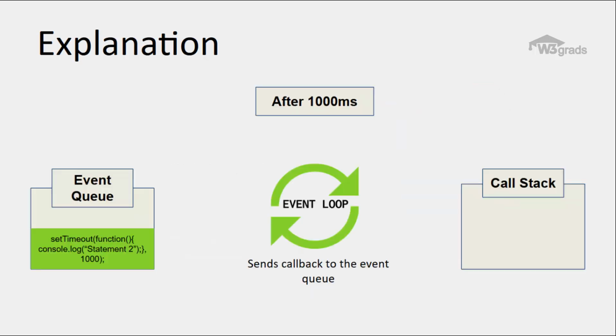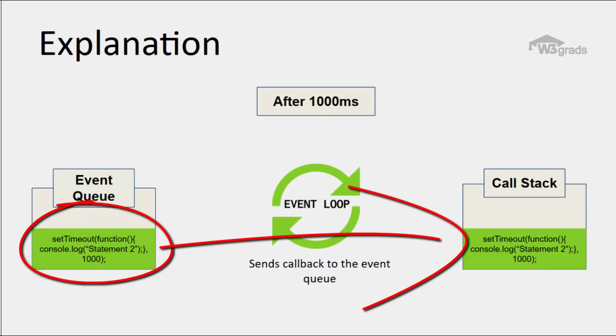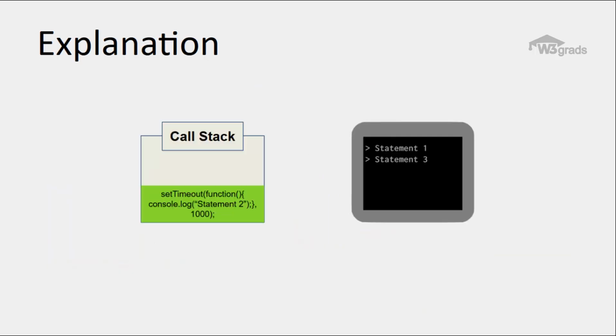When the timer set by setTimeout function runs out after 1000 milliseconds, the callback is sent to the event queue. On finding the call stack empty, the event loop takes the task at the top of the event queue, and sends it to the call stack. The callback function for setTimeout function runs the instruction, and statement2 is logged on the console, and the task is popped from the stack.